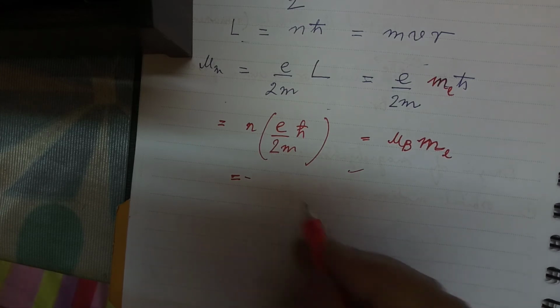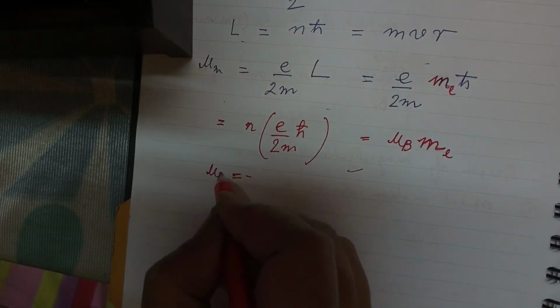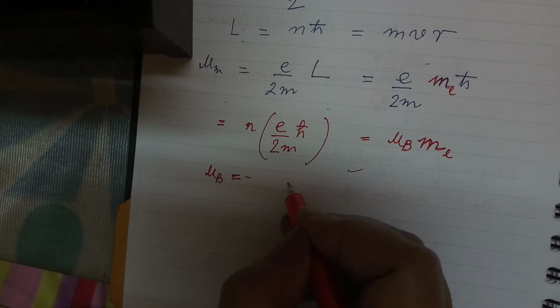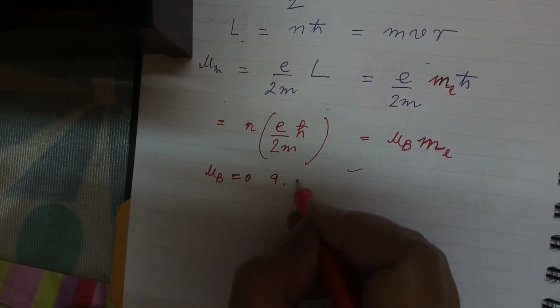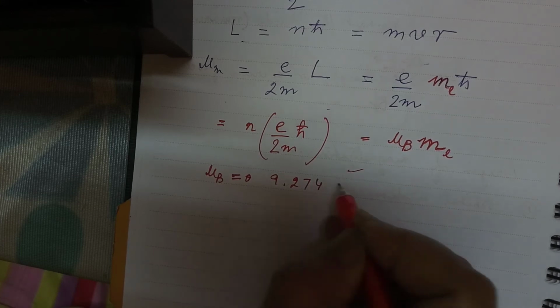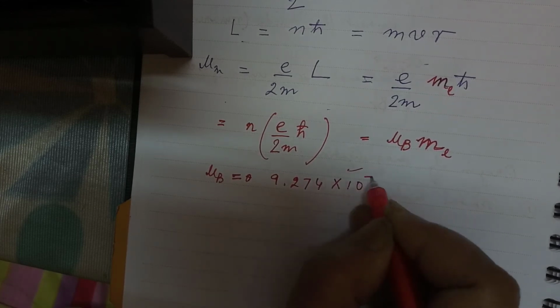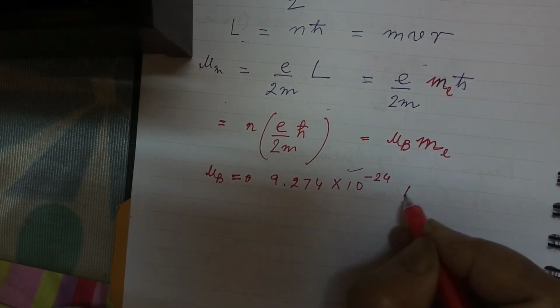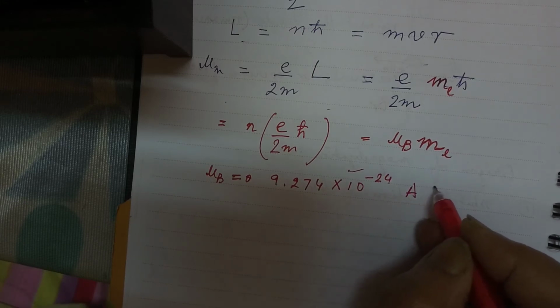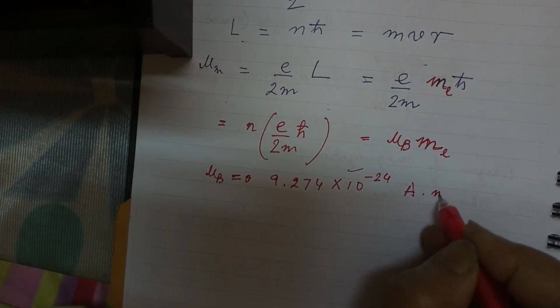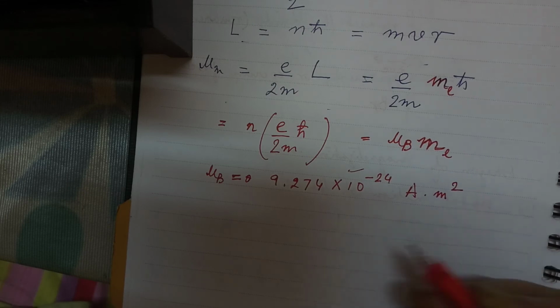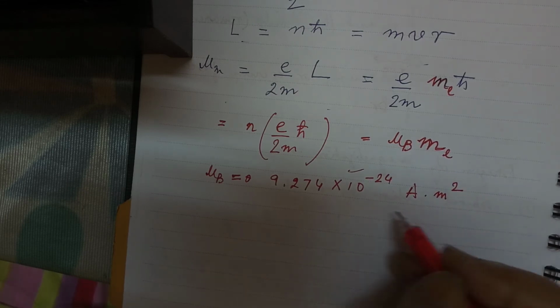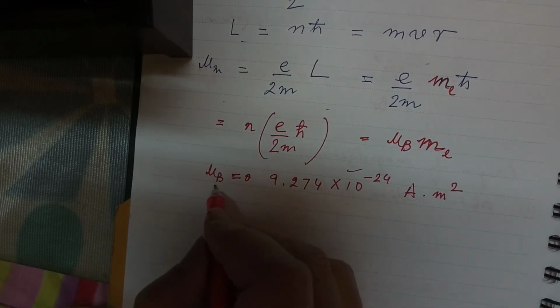Here we found the value of mu B, as all of you found yesterday, 9.274 into 10 to the power minus 24 ampere meter square, isn't it?